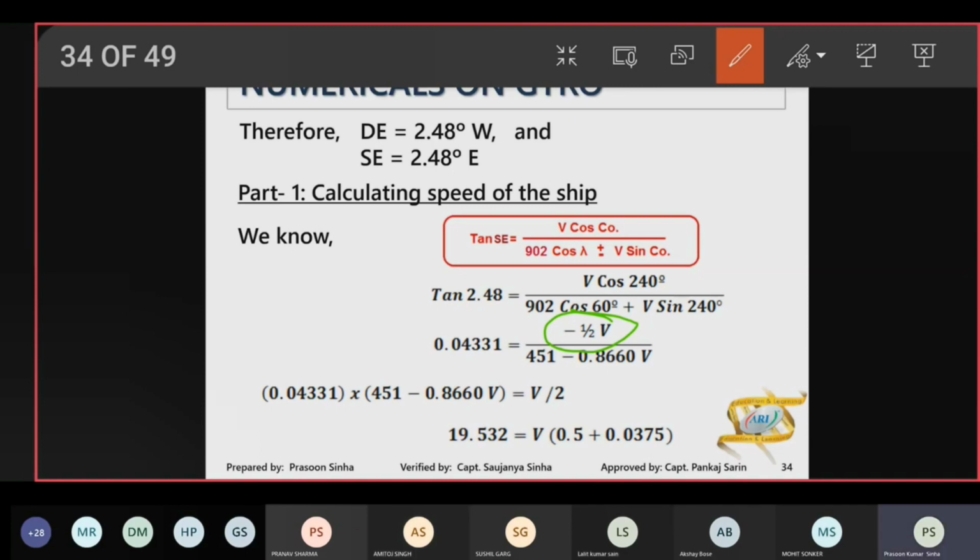Do your own calculations. It will give you practice also. Don't just note down from the screen. It is there for you to refer, yes, but do your own calculations.